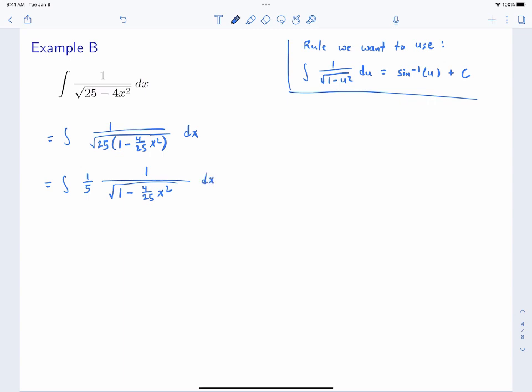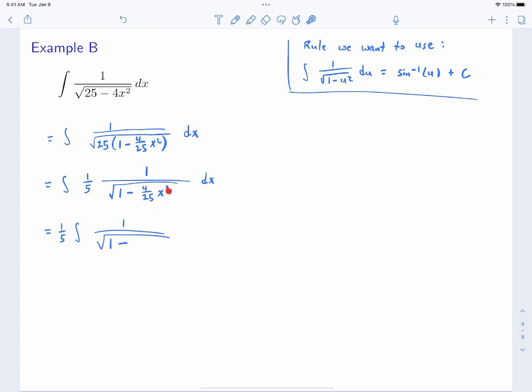Okay? Now the first thing I can do is take out this 1/5. So I'm going to write this as equals 1 over 5 times the integral of 1 over the square root of 1 minus. I want to make this term here look like u squared.